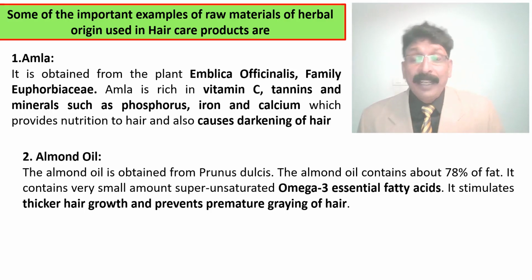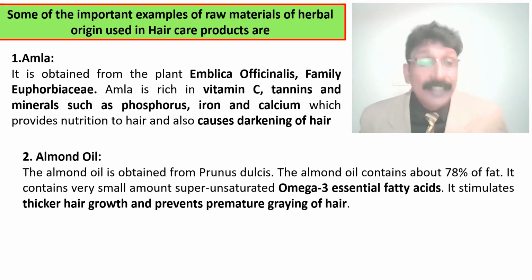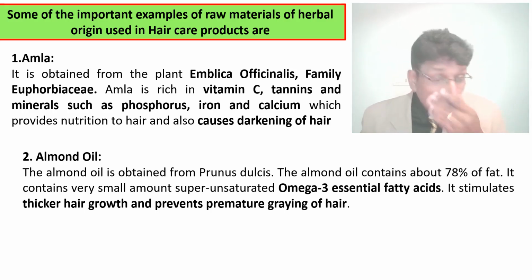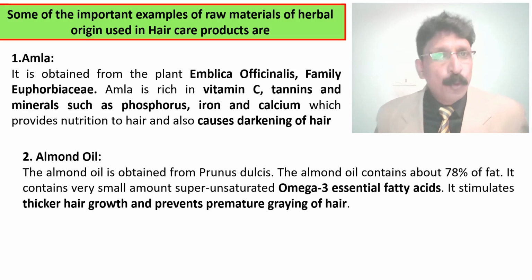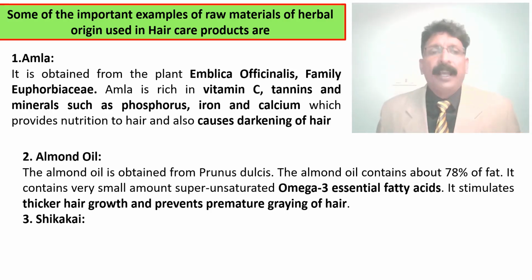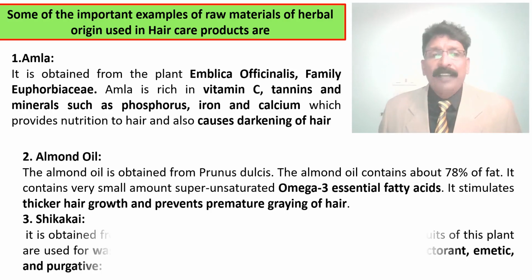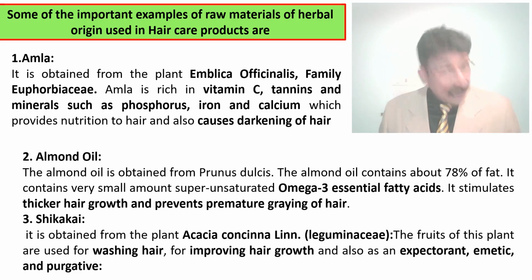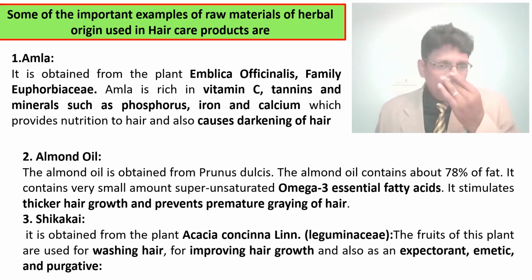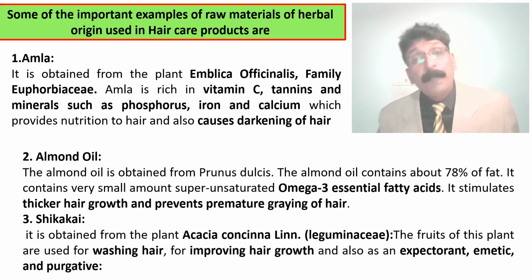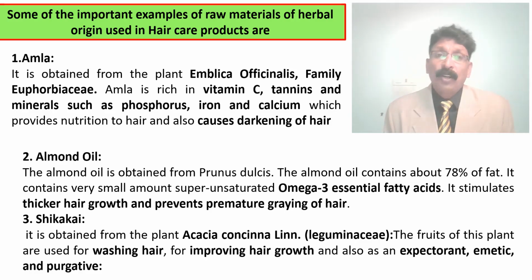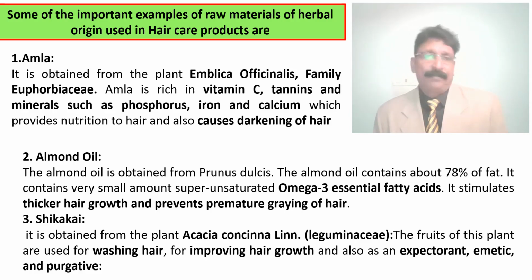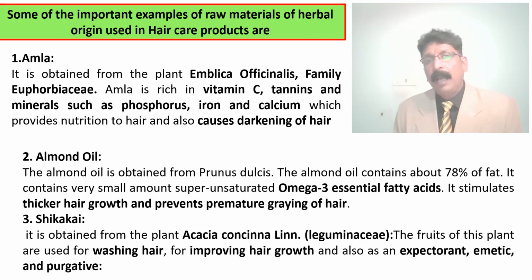It stimulates thicker hair growth and prevents premature graying of hair. Shikakai, we have seen already before in the skin products. It is obtained from the plant Acacia concinna, Linn, which is the scientific name, family Leguminosae.